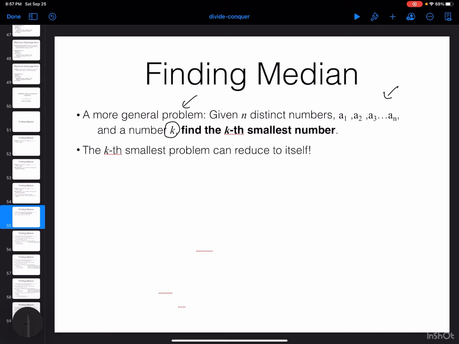The idea for finding the recursive relation here is very similar to the partitioning idea in the quicksort algorithm. Let's remind ourselves what we do in quicksort. In quicksort, there is a partitioning step. Remember, in one step before calling quicksort recursively, we had a partitioning step.